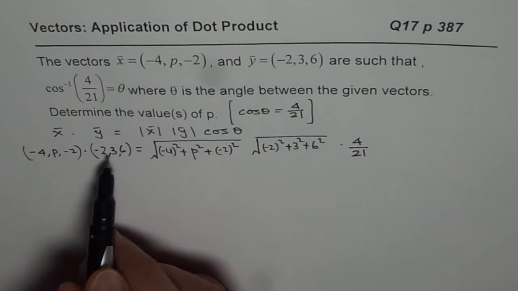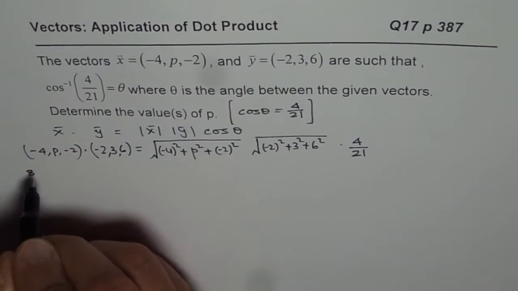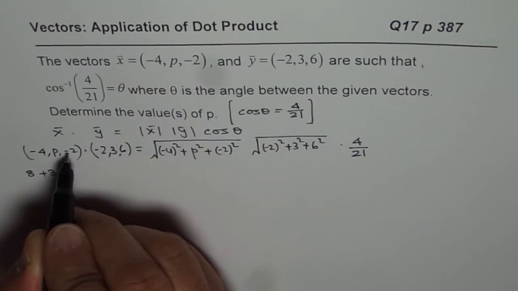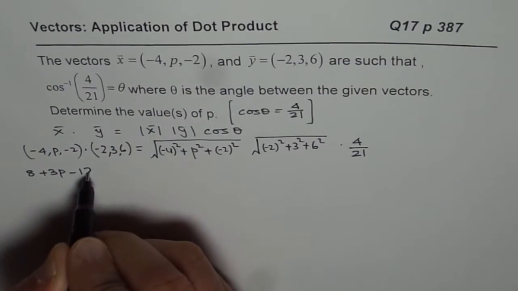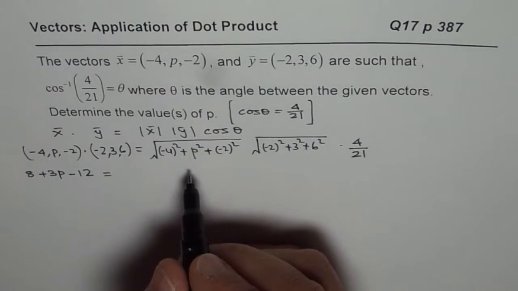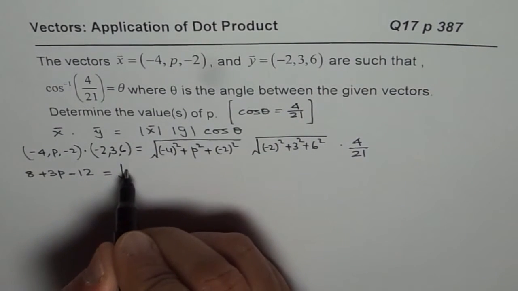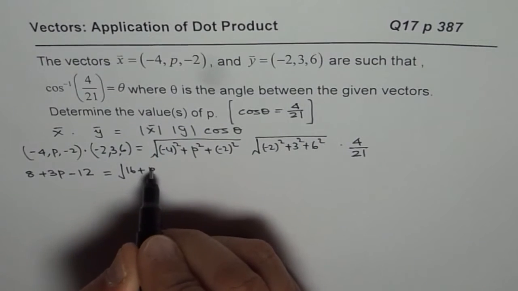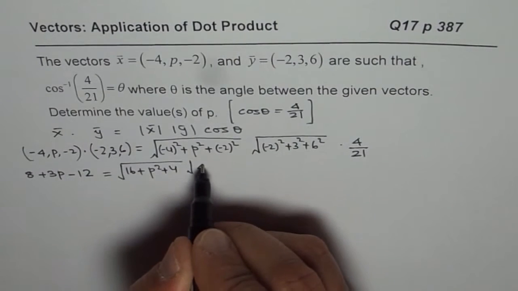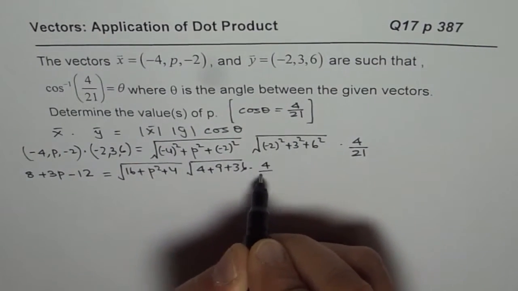Now let's find the dot product. On the left side, minus 4 times minus 2 gives 8, p times 3 is plus 3p, and minus 2 times 6 is minus 12. This equals square root of 4 squared, 16, plus p squared plus 4, times square root of 4 plus 9 plus 36, times 4 over 21.